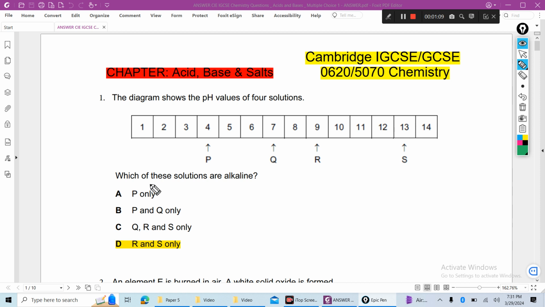So you are asked which of these solutions are alkaline. Alkaline means pH more than 7. So here, more than 7 is R and S. So the answer is D, R and S are alkaline.